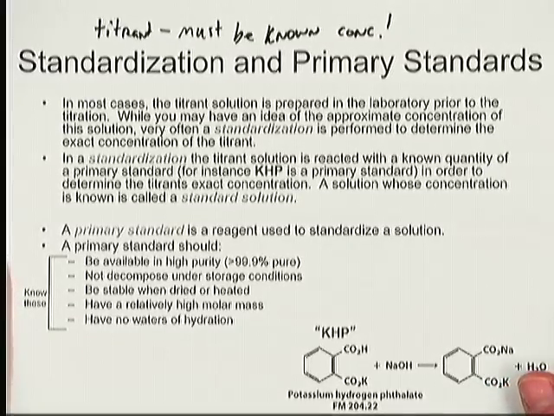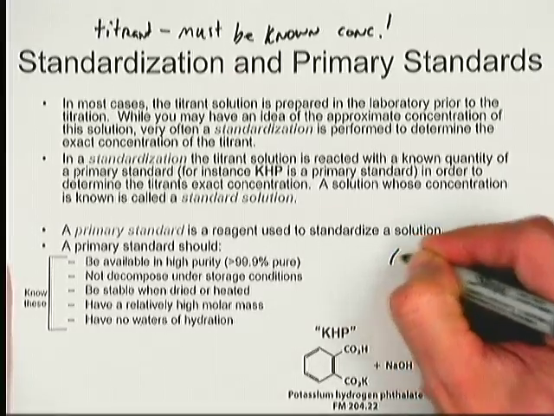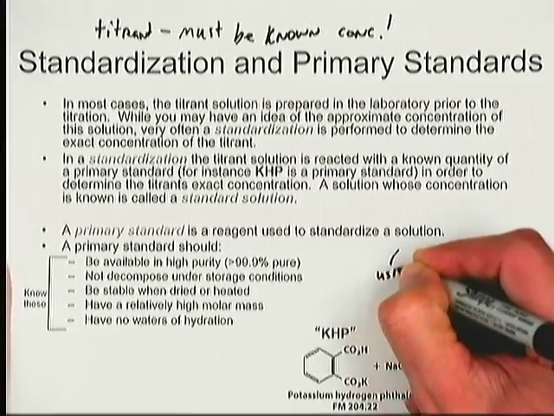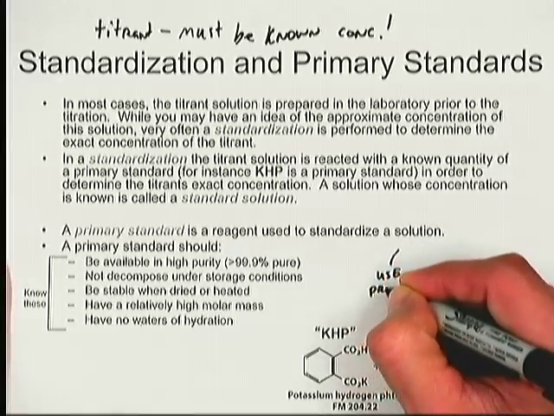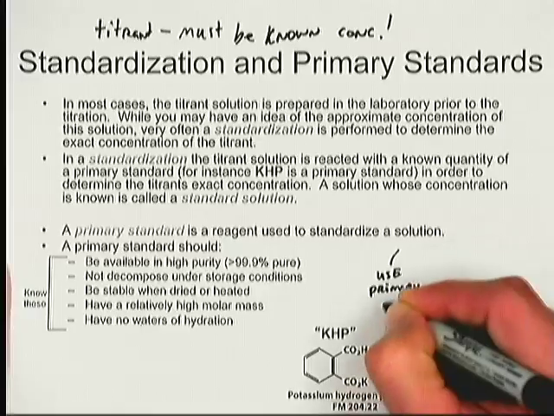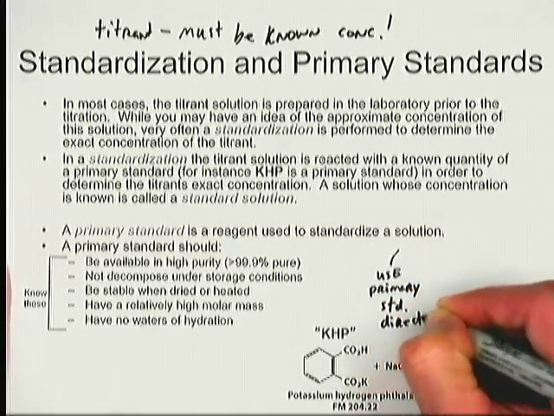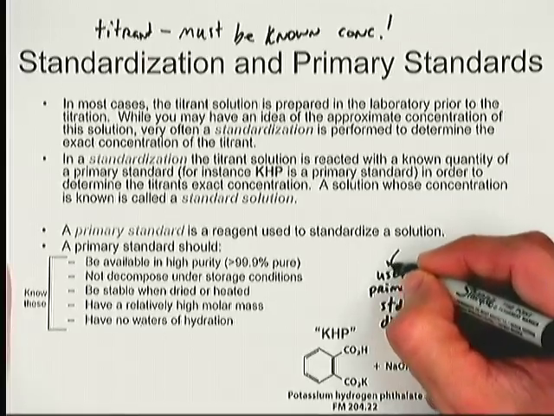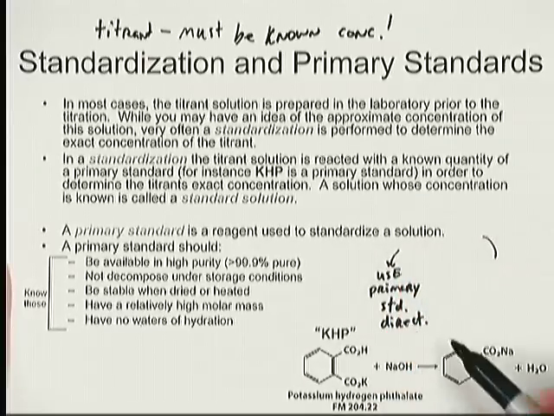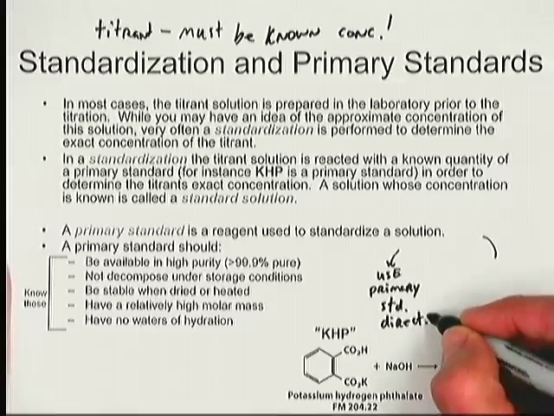So we have to think a little bit about how we can achieve knowledge of the concentration of the titrant. And there's really two different ways that you can do this, okay? And one is to use a primary standard directly.